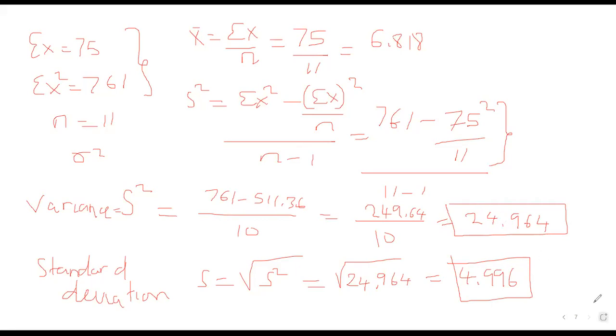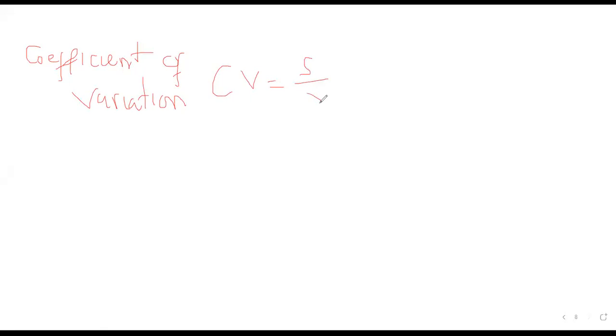Okay, noted. Right, then we go to what we call the coefficient of variation. By the way, variance simply measures how much we're deviating from the mean. The coefficient of variation is the CV. CV is given by standard deviation over the mean times 100.